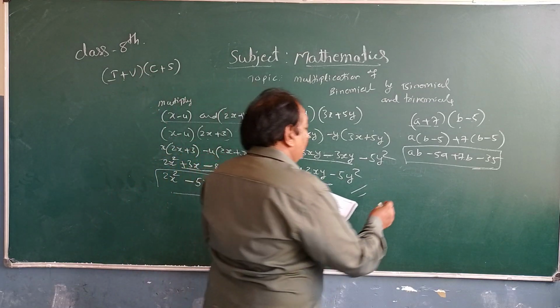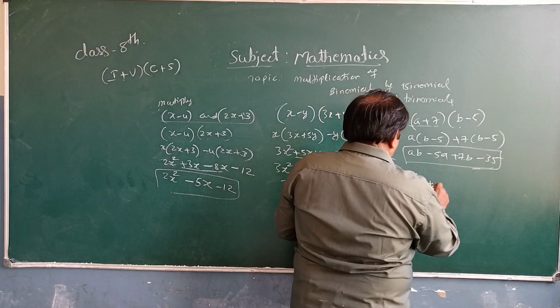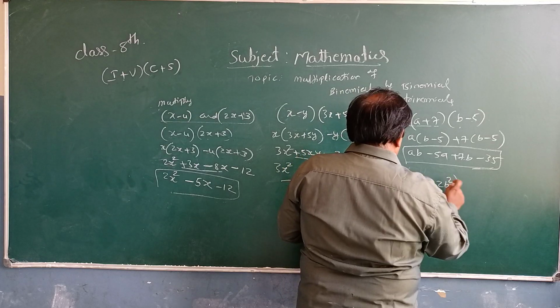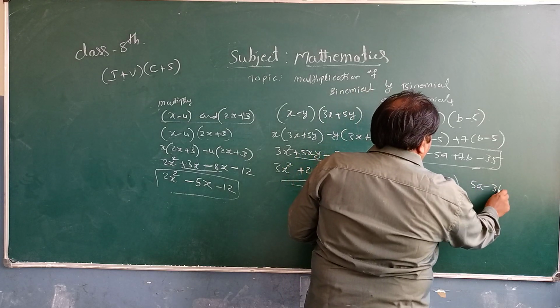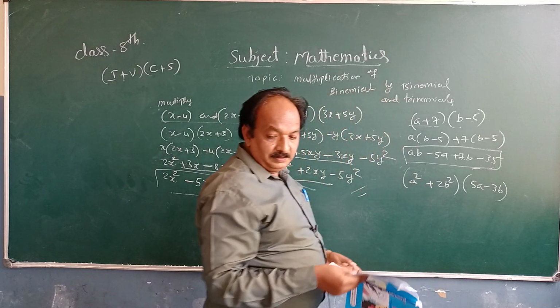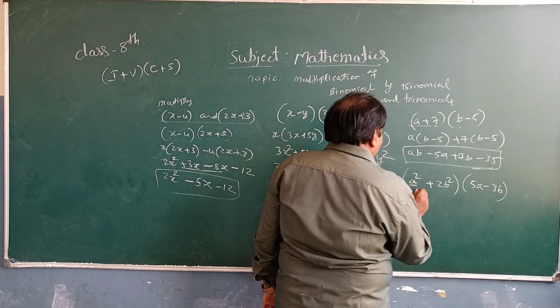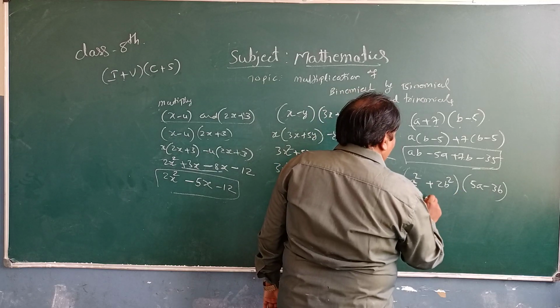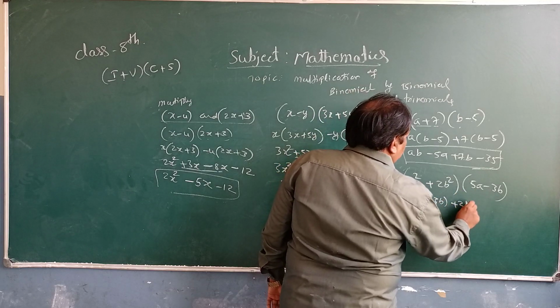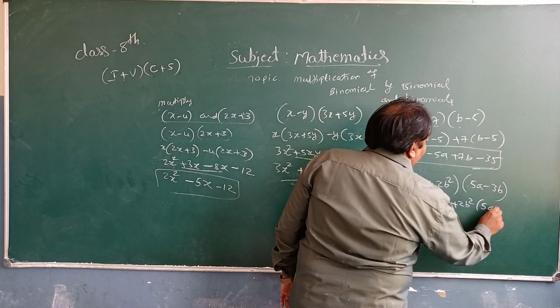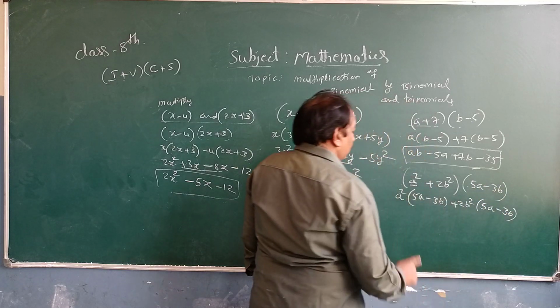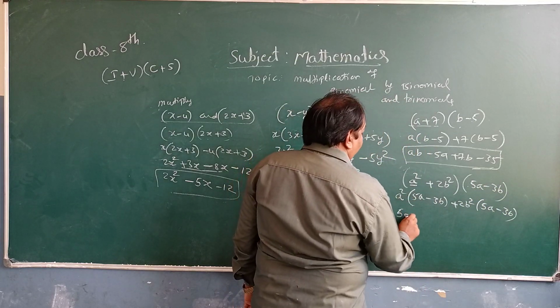Next, a square plus 2b square into 5a minus 3b. Again the same process: a square into 5a minus 3b plus 2b square into 5a minus 3b. a square into 5a, 5a cube.